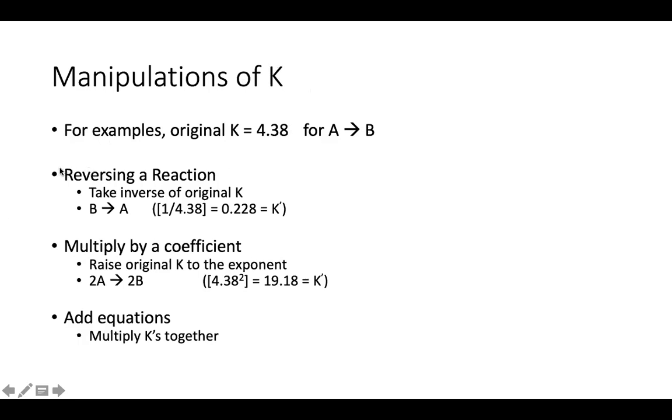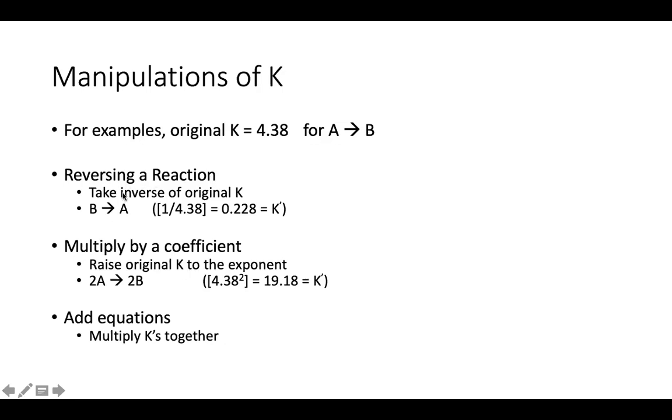Really we just need to know how we manipulate K in response to three different manipulations. The first thing could be we might need to reverse a reaction. If we have an equilibrium constant of 4.38 for the reaction of A getting converted to B, what would our new equilibrium constant be if we wanted to reverse the reaction?